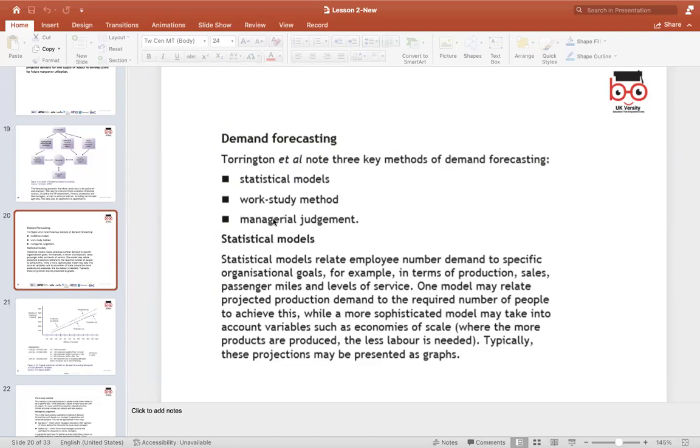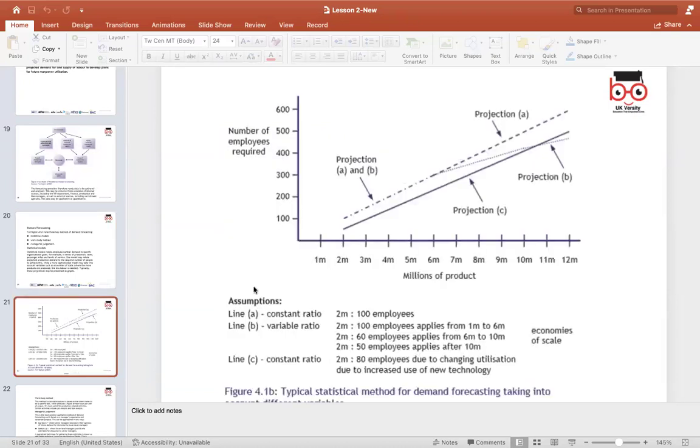So all the three things that I just explained, trend analysis, ratio analysis, and regression analysis, come under statistical methods of doing that. And I think this figure just shows an example of projections, how they look at it. So for example, in regression analysis, they look at projection in the future and how many people would be required depending on how many products are sold.